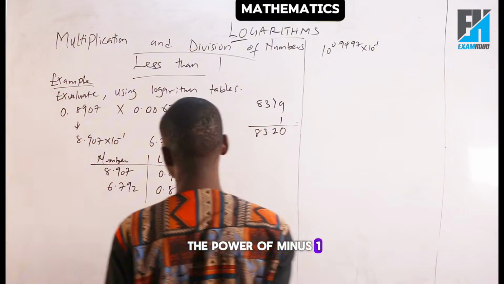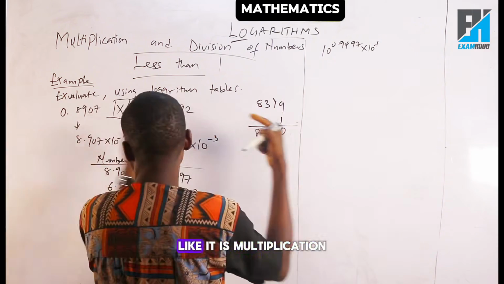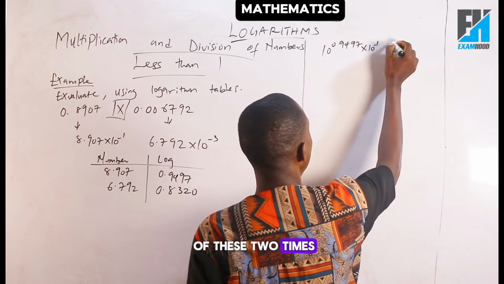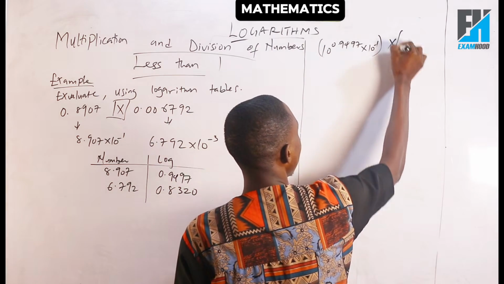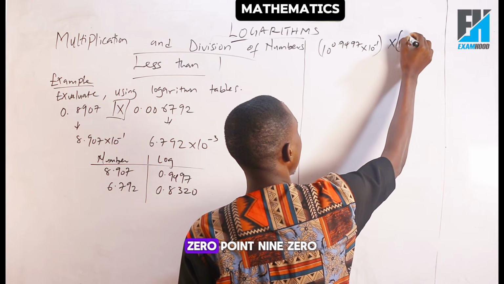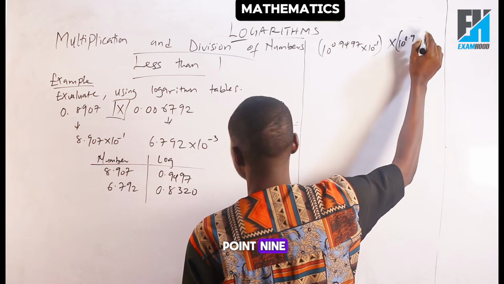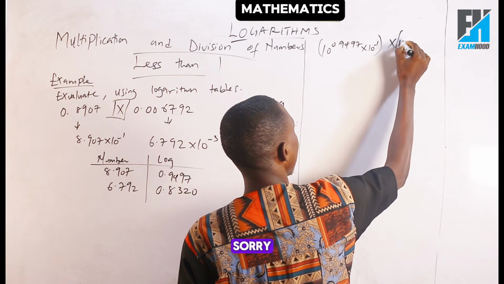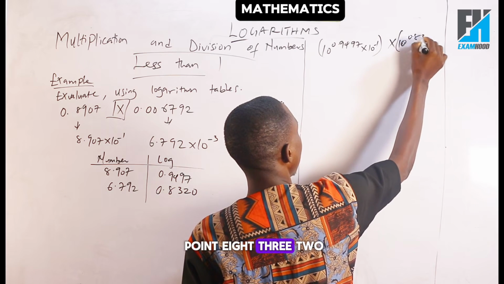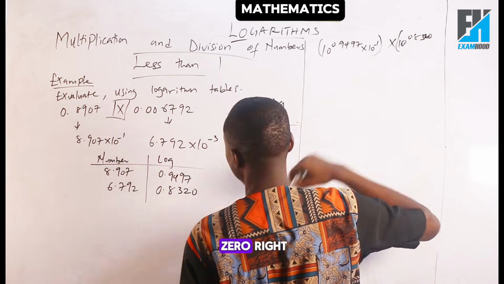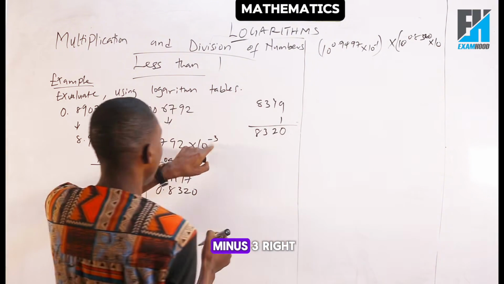Since the multiplication sign is bounding them, we can put this into brackets, times 10 raised to the power, sorry, the second one, 0.8320, right? Times 10 raised to the power minus 3, right?